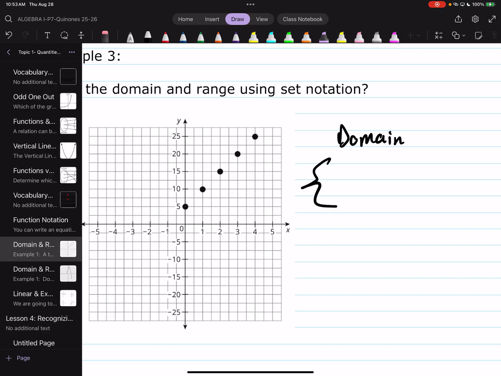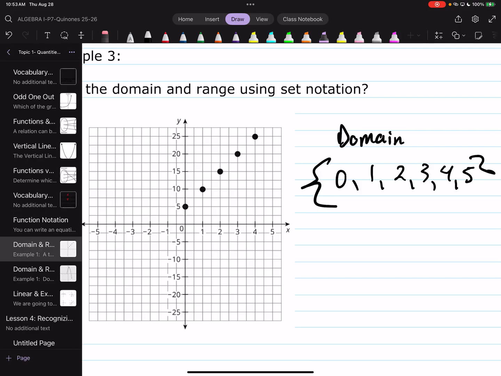Someone give me the first value for the domain. Where does my first point start? Yes, ma'am. What do you got? 0. Good. Someone else. Where am I going? 2. Okay. Do I keep going? All right. That's my last point.